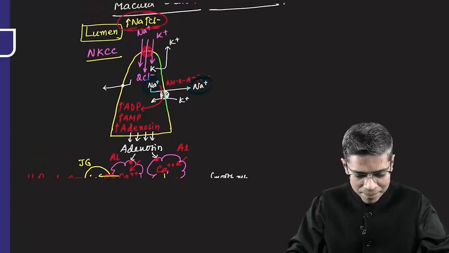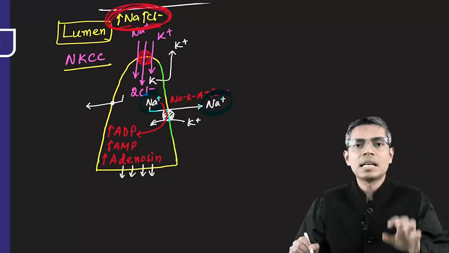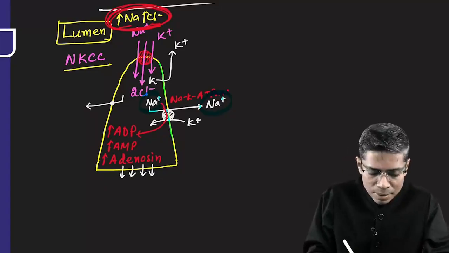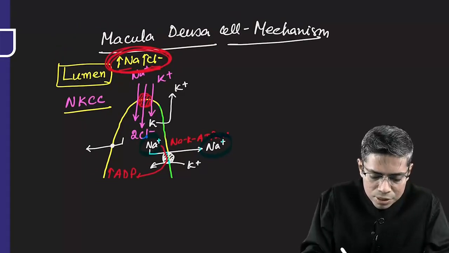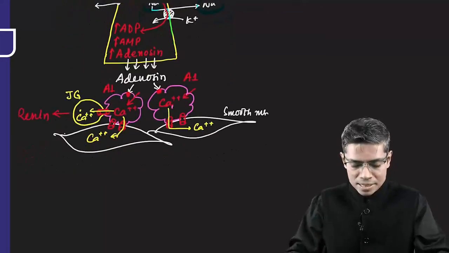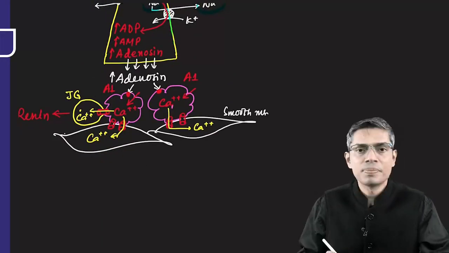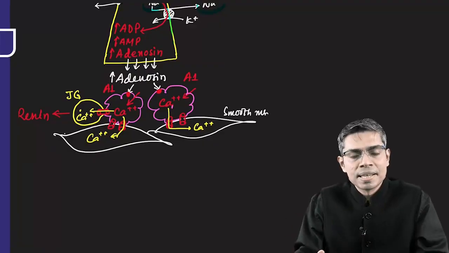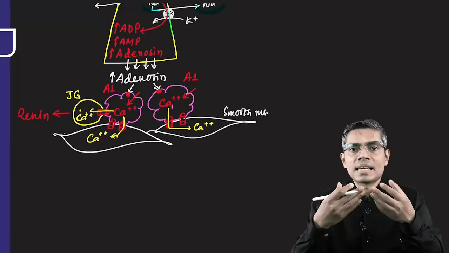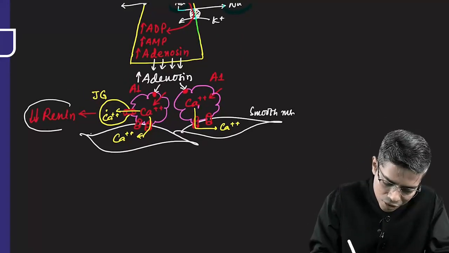So that's why I told you earlier that whenever there is increased amount of NaCl at the lumen of the TAL, that increased amount of NaCl will be sensed by macula densa cell, which is the chemoreceptor cell, and after sensing this high amount of NaCl, it is secreting adenosine. So adenosine level is huge at the level of Lacis cell. That Lacis cell is getting huge amount of calcium, and that calcium is entering in the JG cell, and that is decreasing the renin secretion, right?